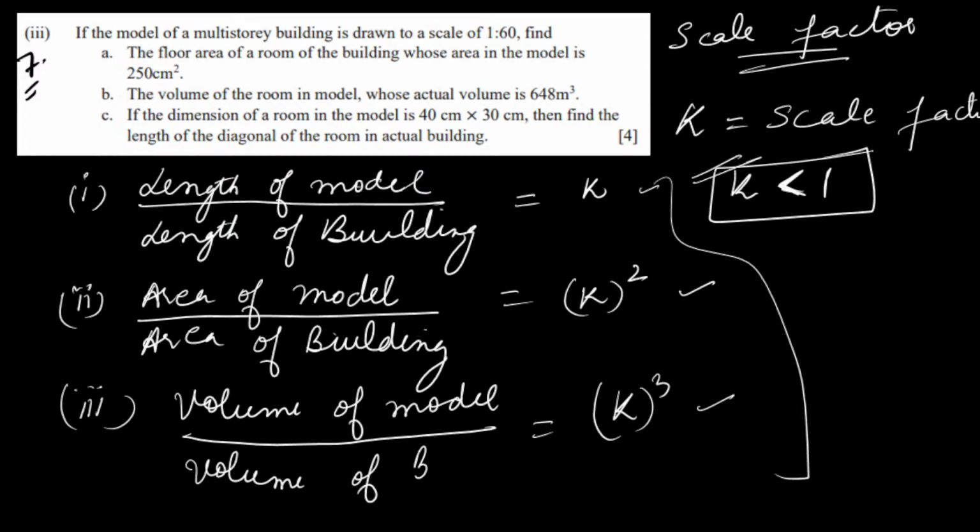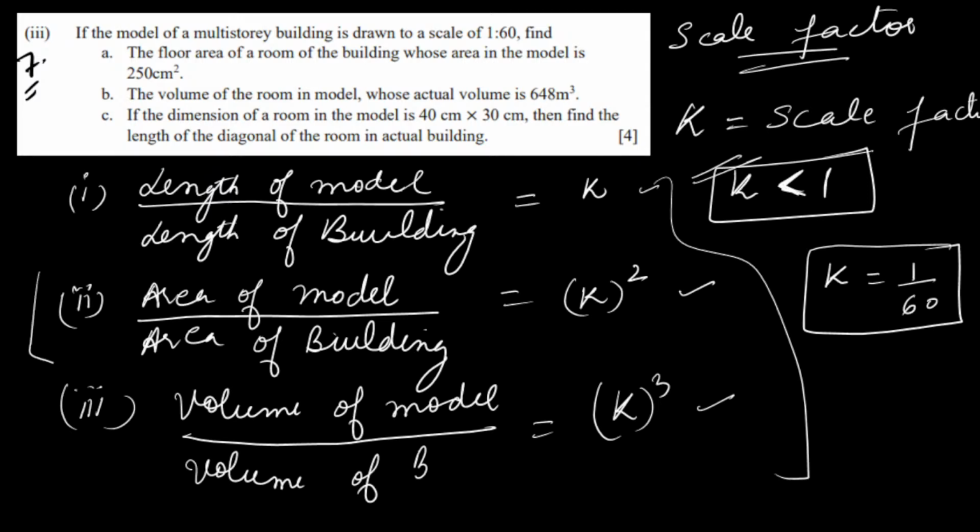Okay, let's see now what is given to us. If a model of a multi-story building is drawn to a scale of 1 is to 60, that means the scale factor is given to us as 1 by 60. See, it's less than 1. Find the floor area of a room of the building whose area in the model is 250.